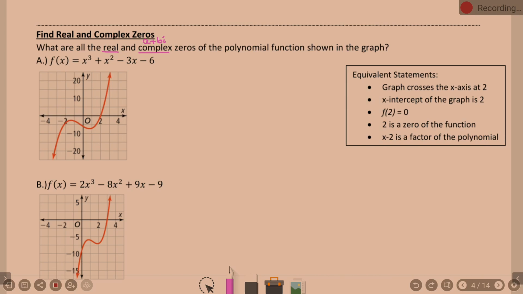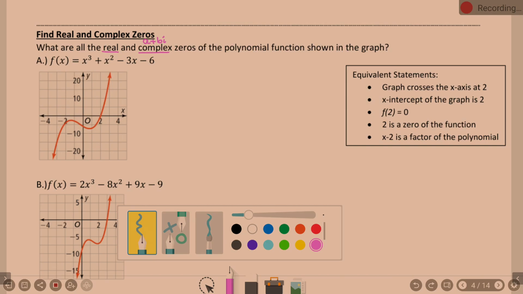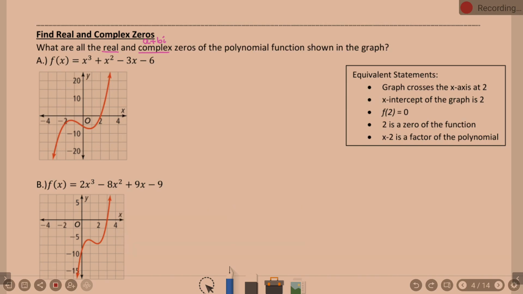Okay? Now, zeros. Okay? Well, I'll come back to this here in a moment. As we look here, they give us an equation. They're giving us a snapshot of the graph. Okay? What do you physically see on this graph right now? What do we know about that graph?